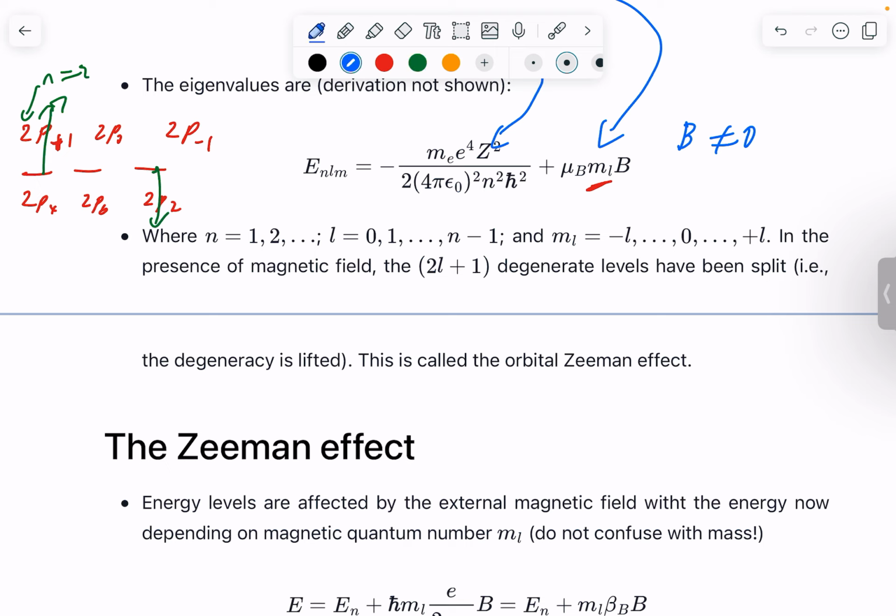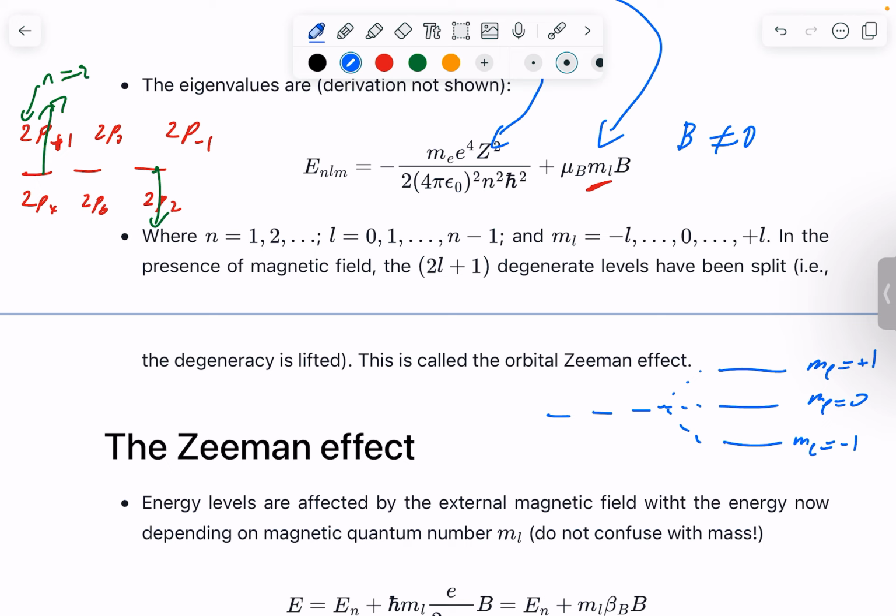Let me draw somewhere else what's going to happen. You had 3 lines, and now they are going to split, and you're going to get -1, 0, +1. The 3 orbitals that had the same energy in the absence of a magnetic field, once you put them under the influence of an external magnetic field, interact differently, characterized by different magnetic quantum numbers, and end up with different energies.